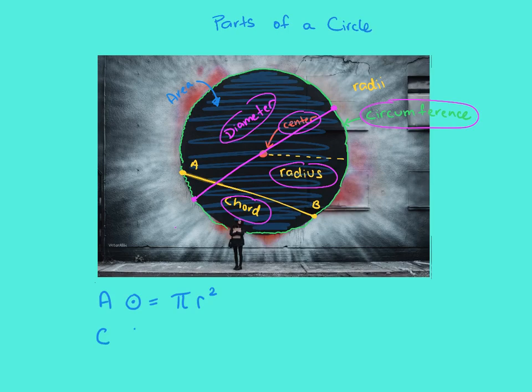Remember, I'm using C for circumference and A for area of a circle. What is that? I'll give you a hint. 2 times pi times r. And there's a different way of writing it. Some of you have said it before. You can also write this formula as pi times d, right? Good.